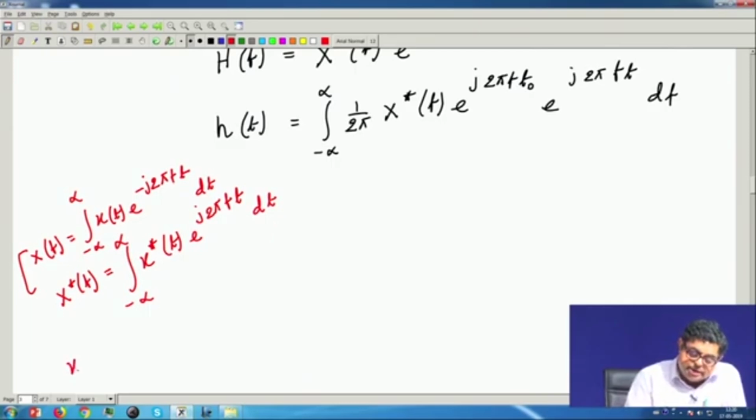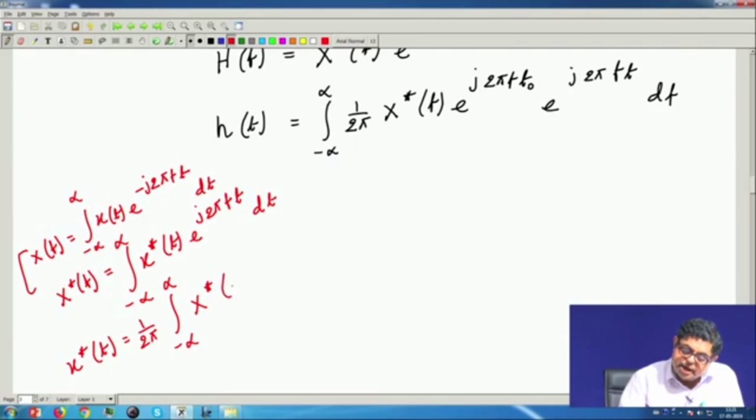Now, what is x star(t)? It is the inverse transform of this. And what is that? 1 by 2 pi, integral from minus infinity to infinity, I can write X star(f) e to the power j 2 pi f t df.